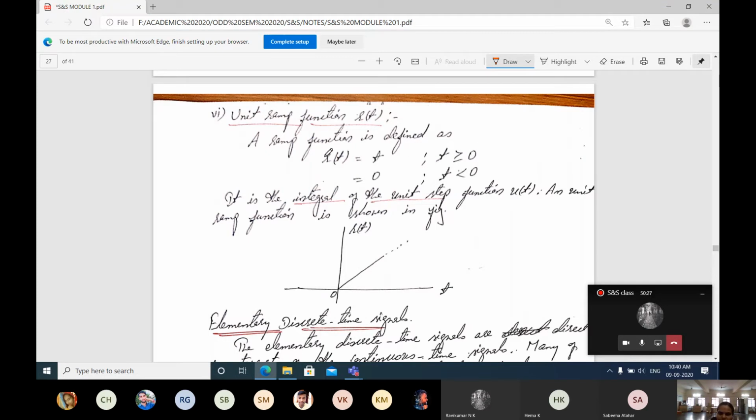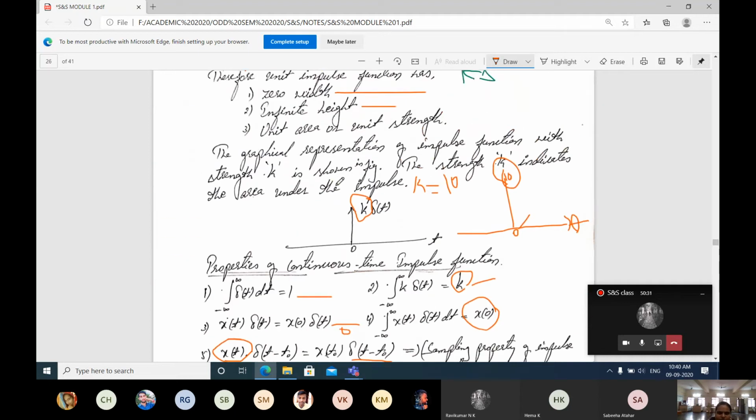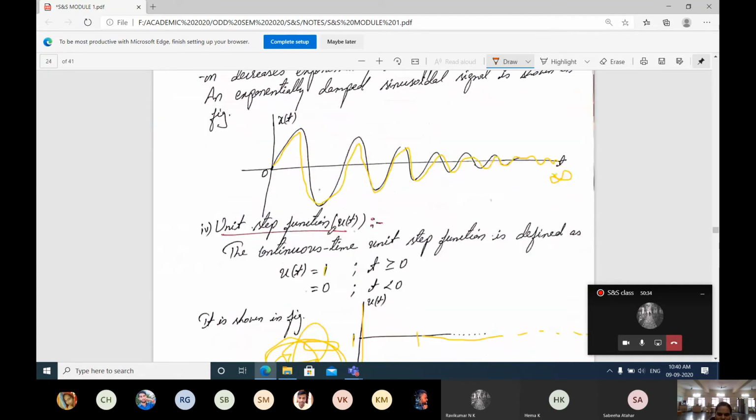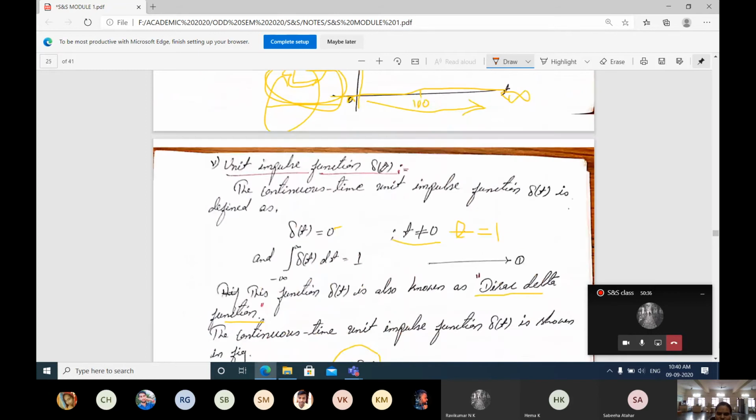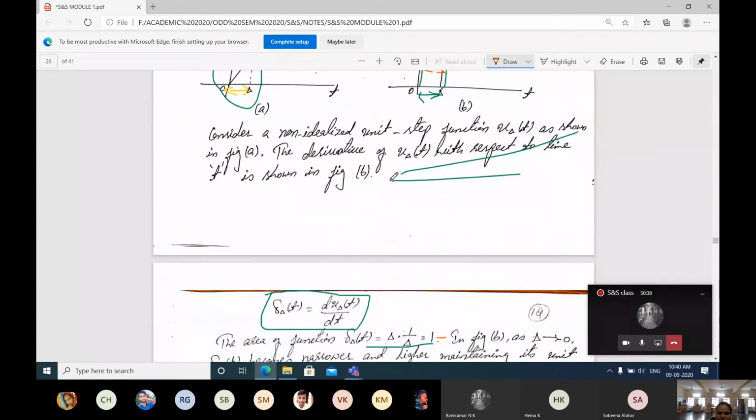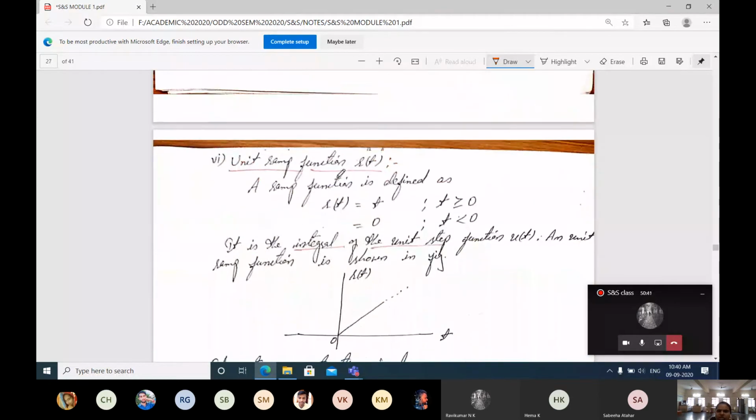The unit step function is u of t, the unit impulse function is delta of t, and our unit ramp function is r of t. The ramp function is defined as r of t equals t where t is greater than or equal to 0, and it will be 0 for time less than 0.